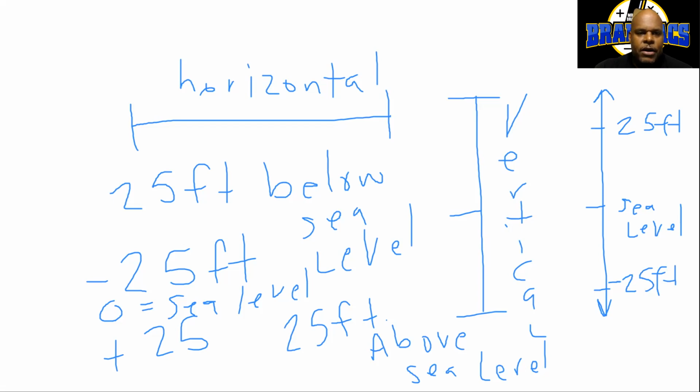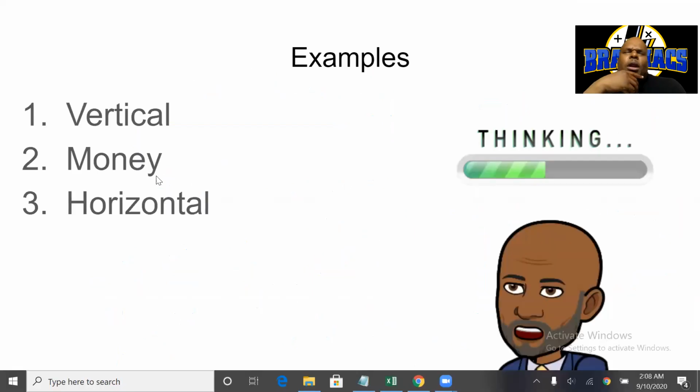Let's go back to our, what about with money? Let's think about negatives with money. Let's say you and your best friend went to Pizza Hut and ordered a pizza. The pizza cost $17 because you ordered two.